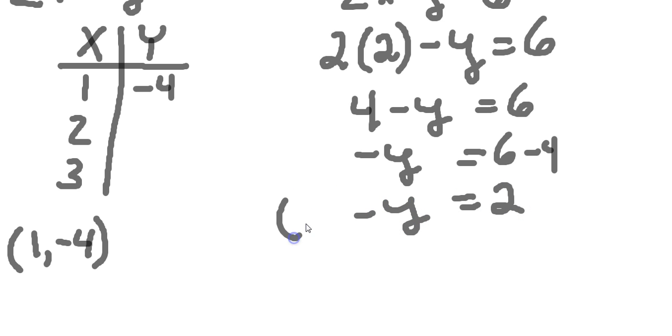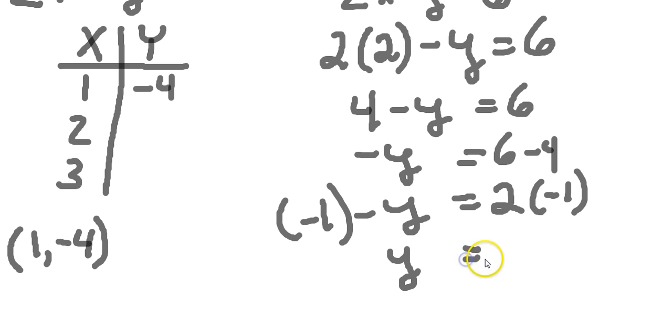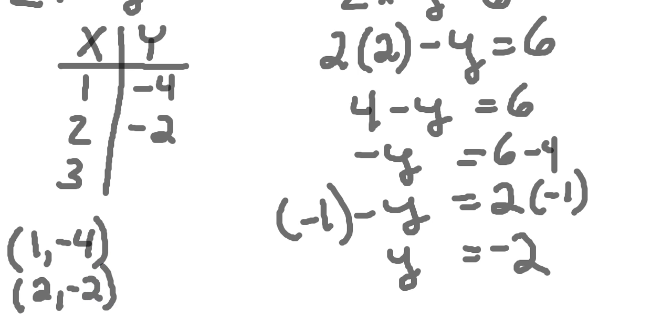Multiply each side by negative 1 again, so we have a positive y, and we end up with y equals negative 2. Back at our table, under the negative 4 we put negative 2. So now we have 2 comma negative 2 as our second ordered pair.